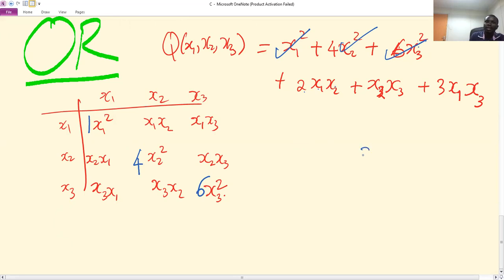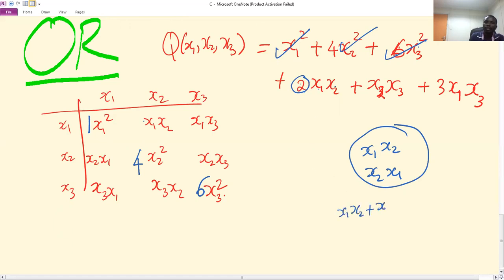Remember in this table we have terms x1x2 and x2x1. Remember this product is the same term. So to get the coefficient here and here, you simply take the coefficient you have, and say x1x2 plus x2x1 is the same as 2.